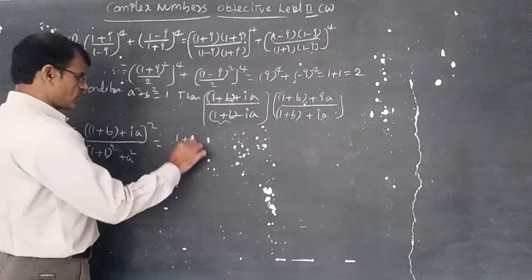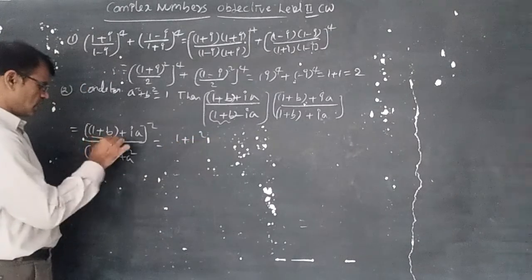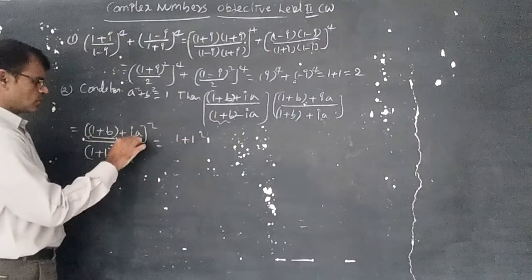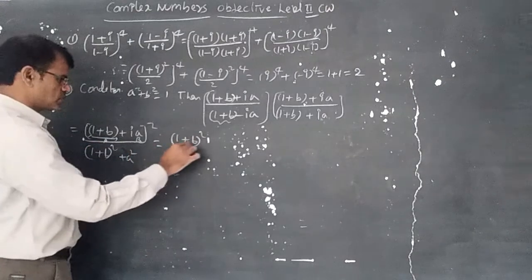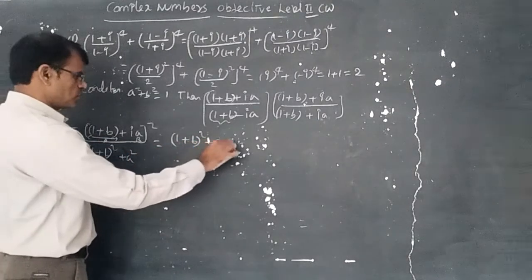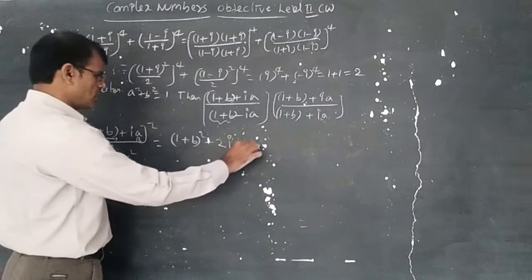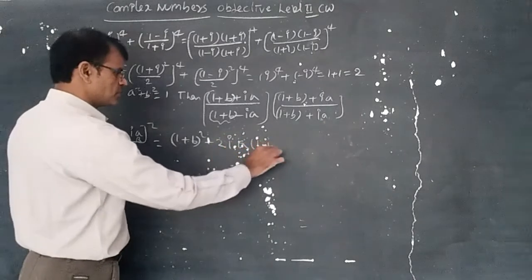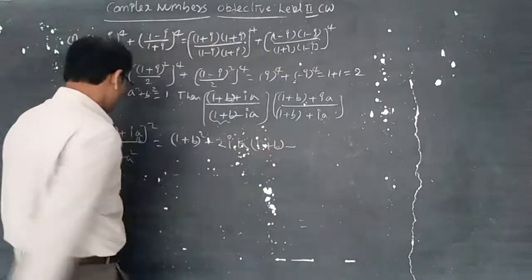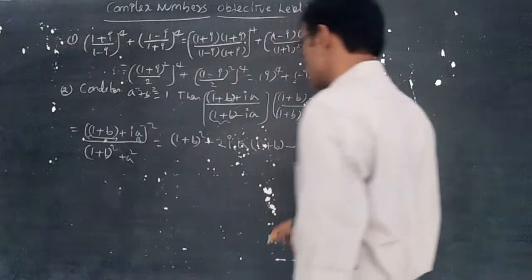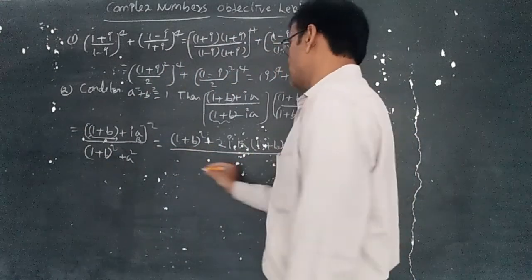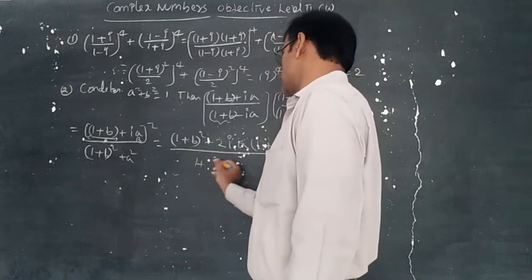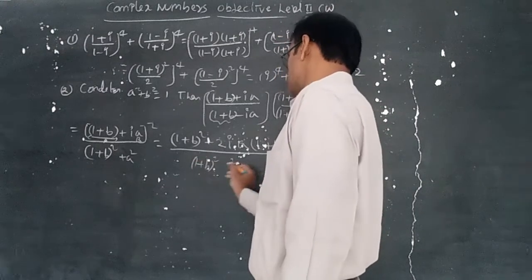This is of the form that this is a and this is b. So try to understand the formula of (a plus b) whole square concept. So this is (1 plus b) whole square plus 2ia into (1 plus b), plus i square a square becomes minus a square we can write. Denominator directly we can write (1 plus b) whole square plus a square.